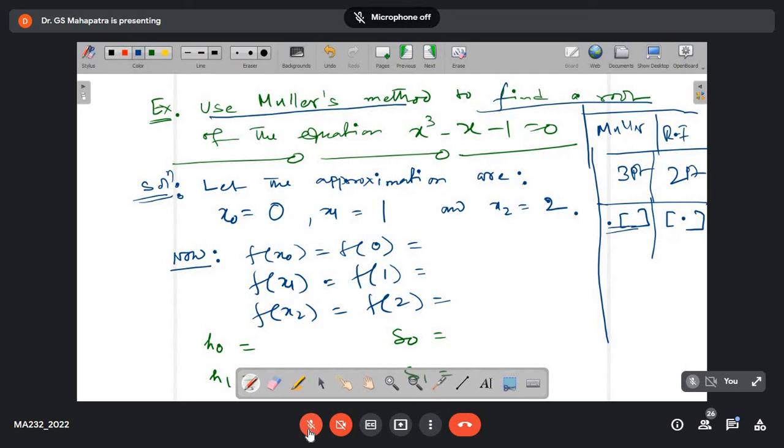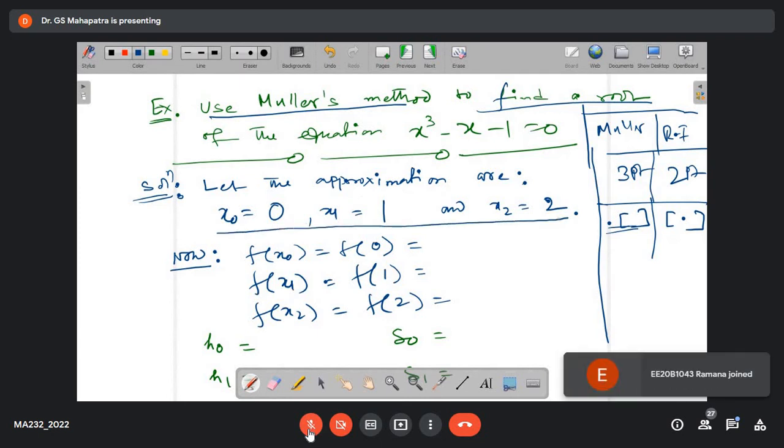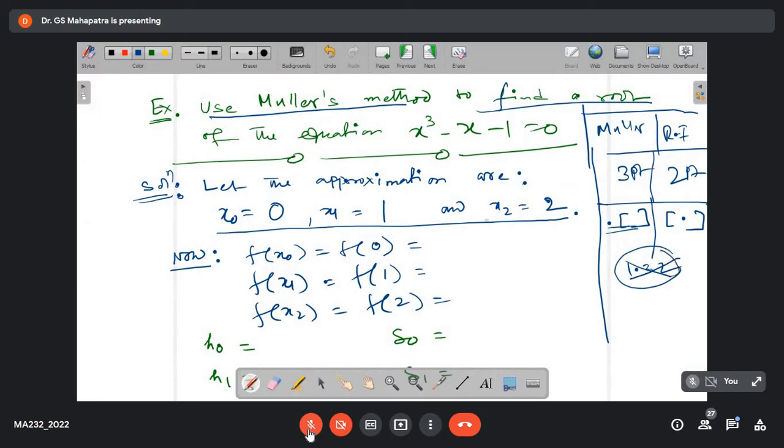What is the value of that real root? 1.324. For this initial approximation, 1.32 is inside the initial approximation. But it is not required. You can take anything. You can take -1, 0, and 1 also.